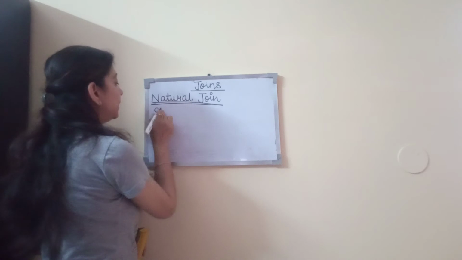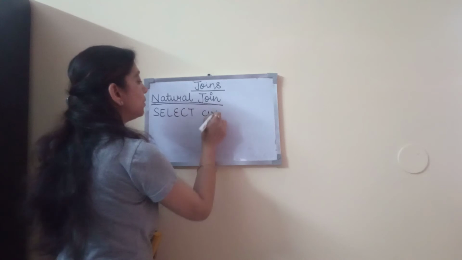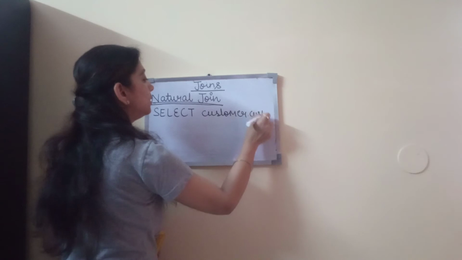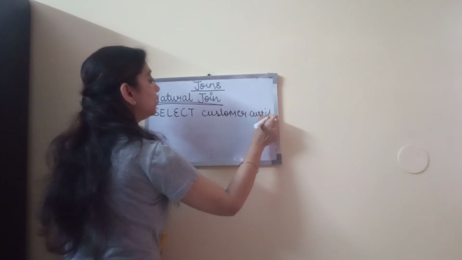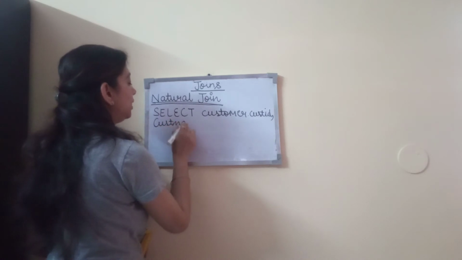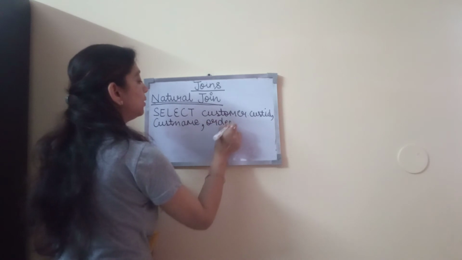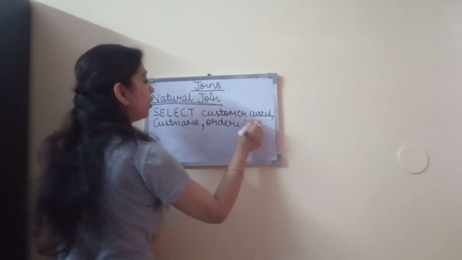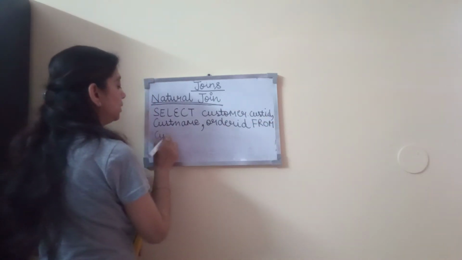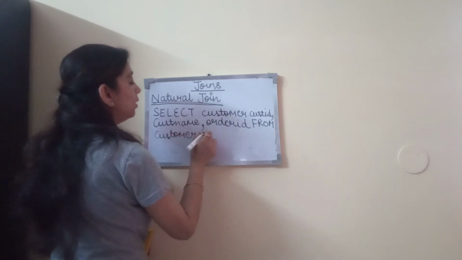I will say select customer.customer ID, comma, customer name, comma, order ID from customer, comma, order.